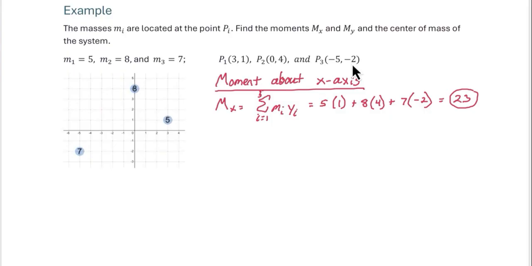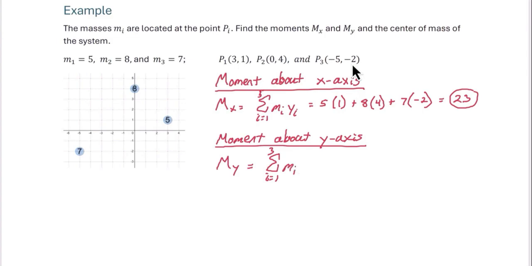Then the moment about the y-axis. Here, m sub y is the sum from i equals 1 to 3 of the masses times their distance to the y-axis.